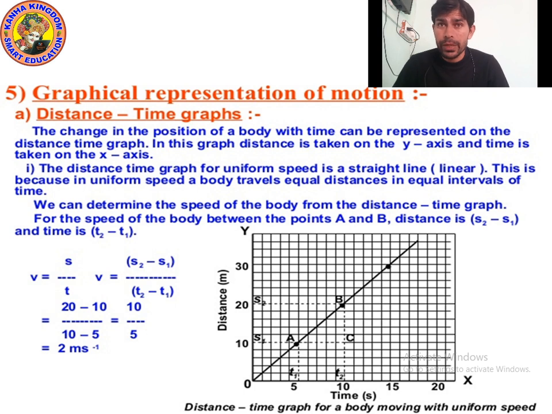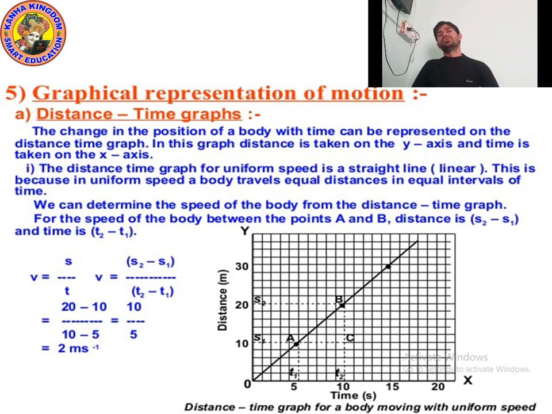As you can see in the picture, the graph is a straight line. Whenever we represent the graph, on the x-axis we represent time, and on the y-axis we represent distance in meters. Time is in seconds, distance is always in meters.